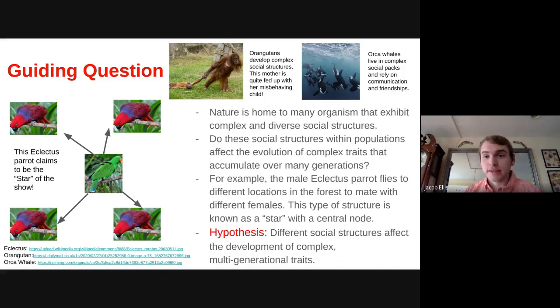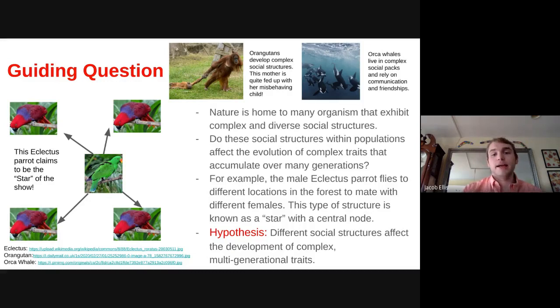And as you can see, there are many different social structures. We decided to go ahead and simulate three: the homogeneous, meaning that all of the individuals were interbreeding throughout each other, kind of like rats or something; the star, as I just explained with the Eclectus; and the superstar, which is a much more complex social structure, where one individual is going off and breeding with different communities of individuals.